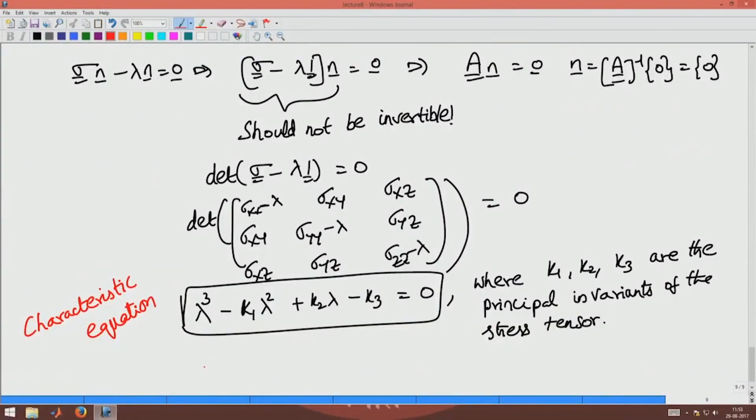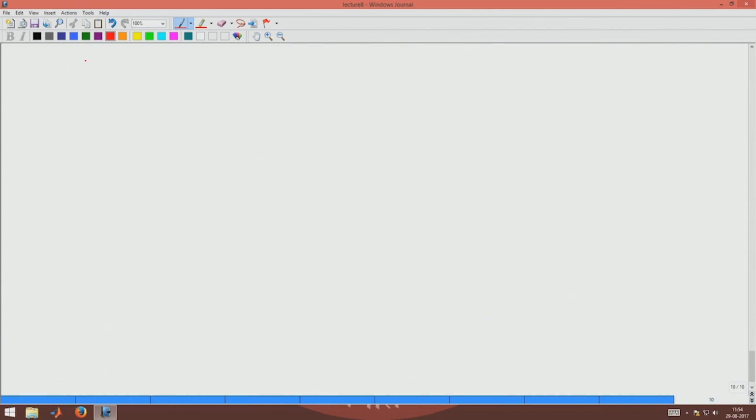So, now what happens? You have found 3 roots of lambda. Let lambda 1, lambda 2, lambda 3 be the 3 roots of star. Now, how do I find n? That is the question.